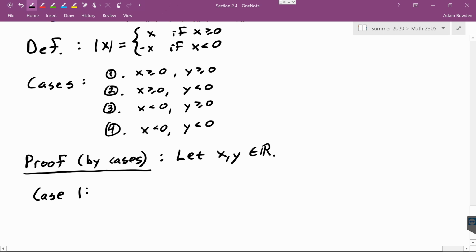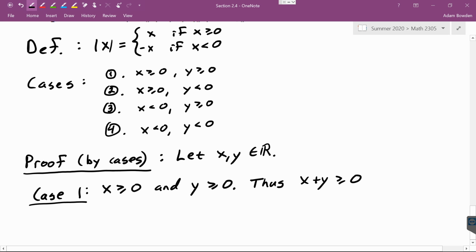Case 1, we have x is greater than or equal to 0 and y greater than or equal to 0. Thus, x plus y is greater than or equal to 0. And also, by definition of the absolute value, since they're both positive, their sum is also positive, and so the absolute value of x plus y is just equal to x plus y.